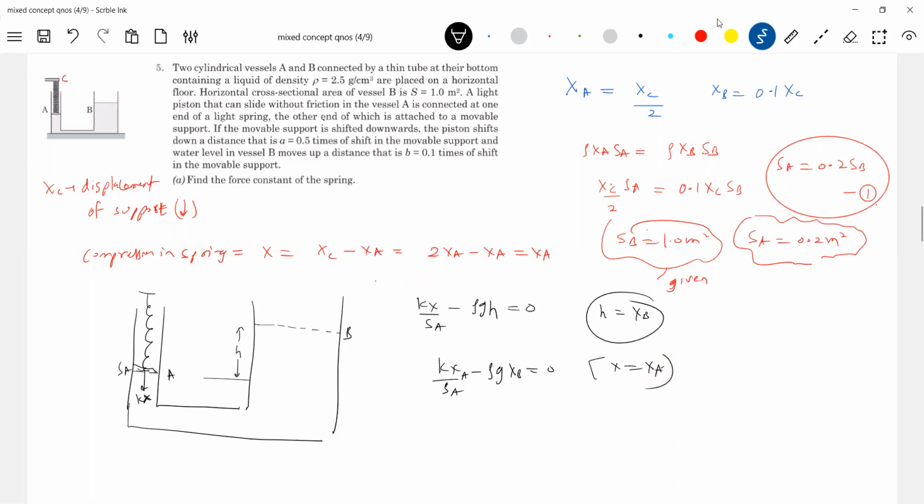Write all the data. What is XA? We can write XA in terms of XB. So XA is equal to? How much is XA in terms of XB? Anybody from the calculation data?